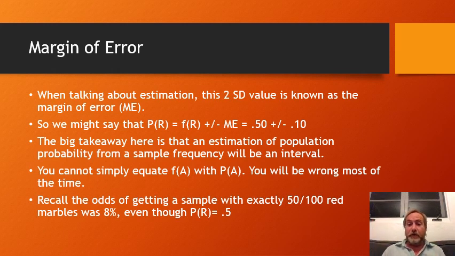So you certainly cannot simply equate the relative frequency you find in your sample with the probability in the population. You're going to be wrong the vast majority of the time, right? Because recall, the probability of getting exactly 50 out of your 100 red is only 8%, right? So that's why we're going to be talking about intervals, about ranges of possible values.